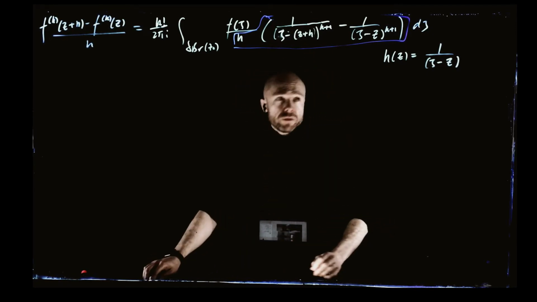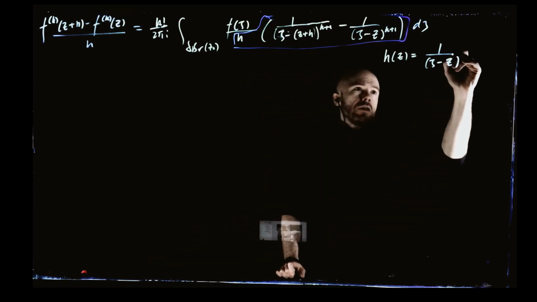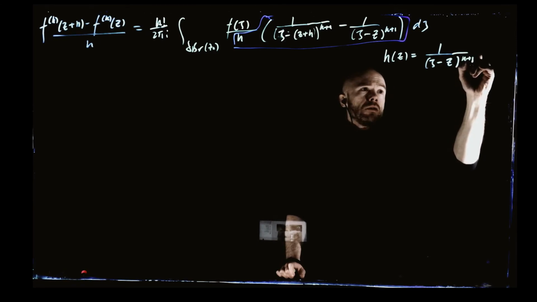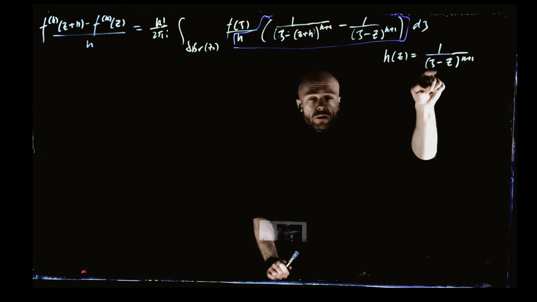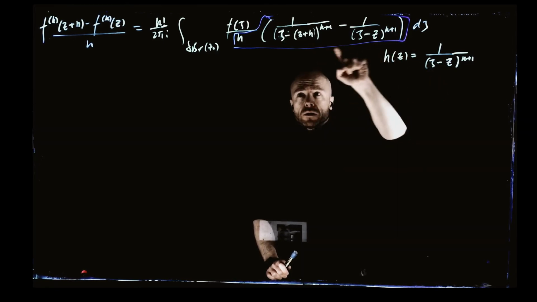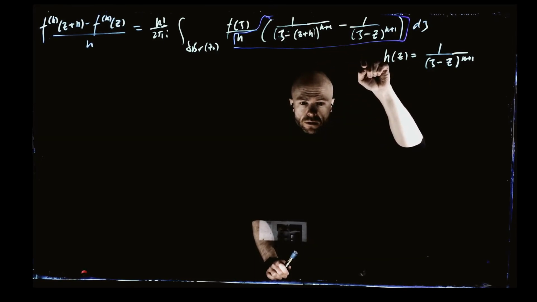Oh, I forgot to write the k plus 1. So the blue box, as h goes to 0, should just be the derivative of h. Can you see that? Yeah, with me.